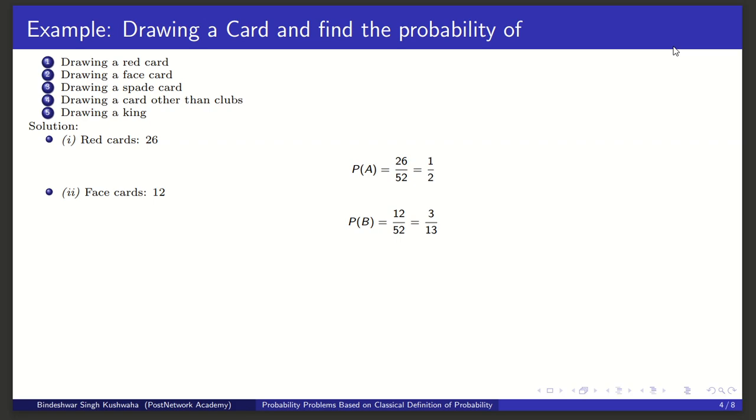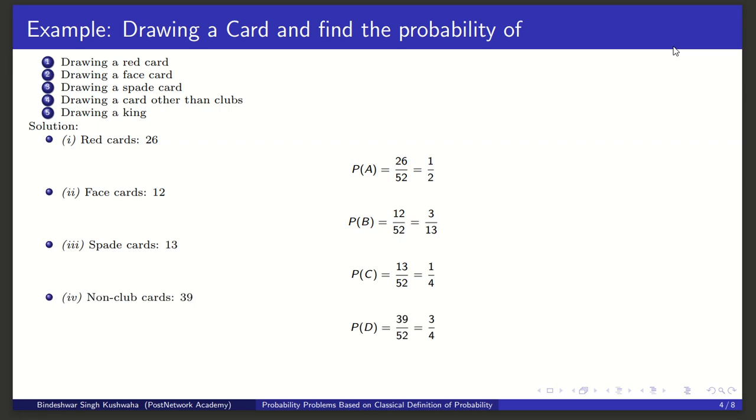Face card, there are 12 face cards. You can see that jack, queen, king and ace. So there are 12 favorable cases and total number of cards are 52. So 3 upon 13. Spade cards again 13 and total number of cards are 52. So 1 upon 4.